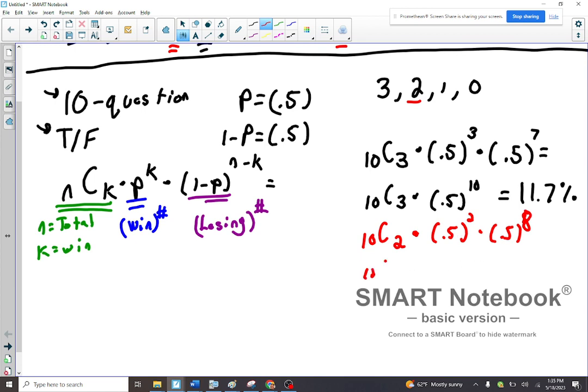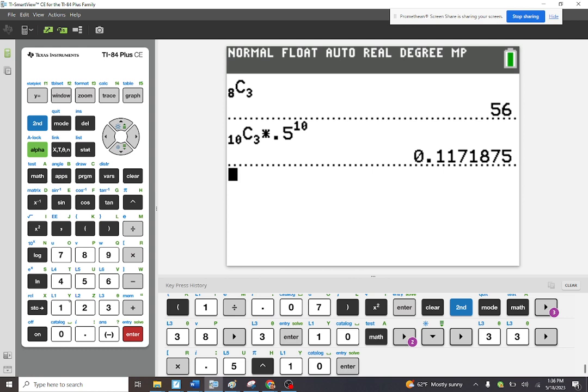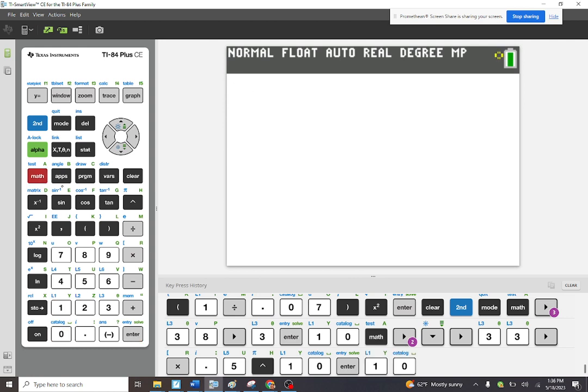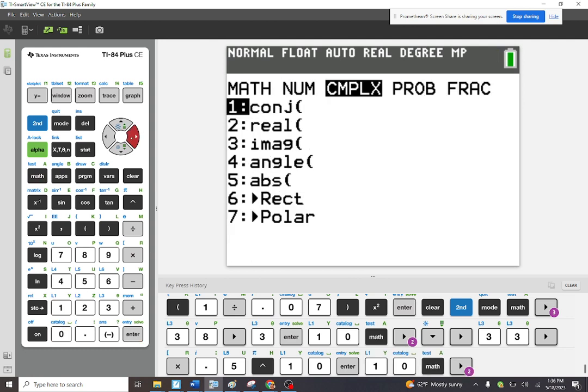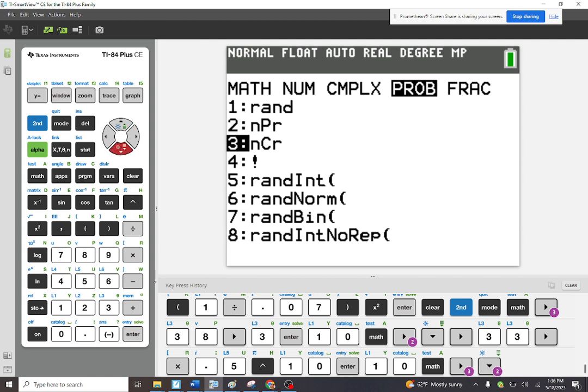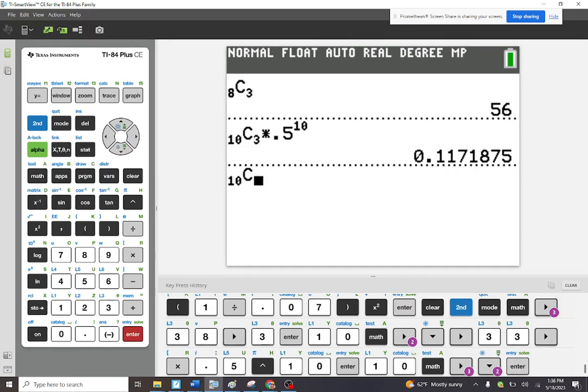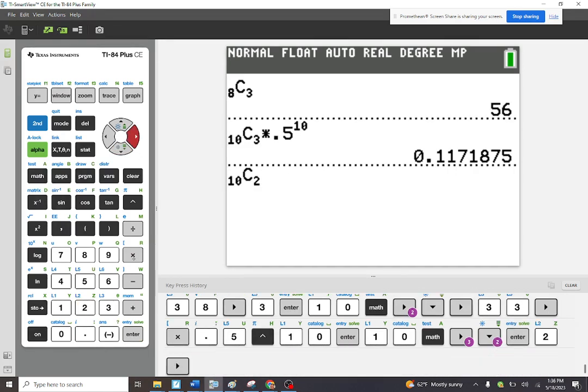The only thing I change, and this works particularly because it's a 50-50, is the 2 in the C. We're doing the same problem, but in this case we're choosing 2. As long as you write it one time, I'm good. So it's 10C2 times 0.5 to the power of 10.